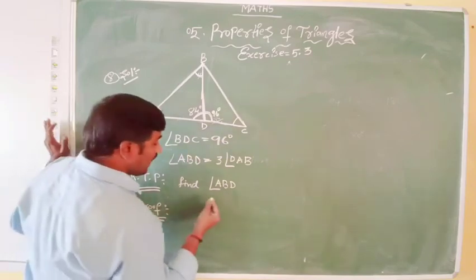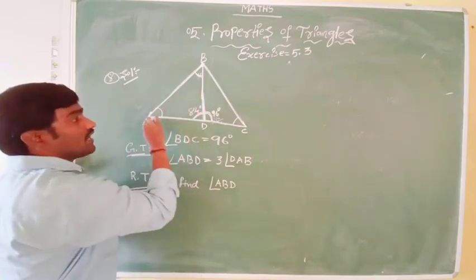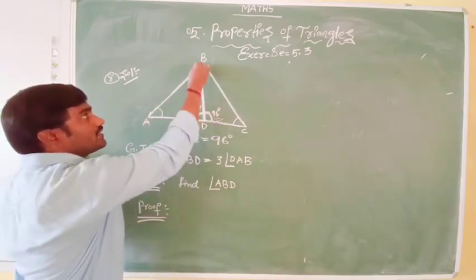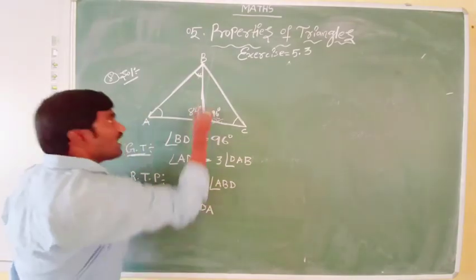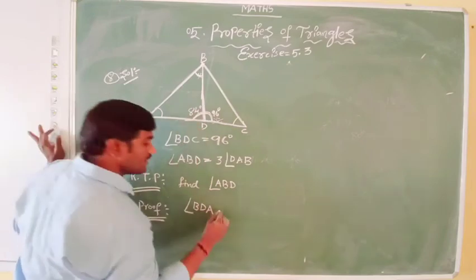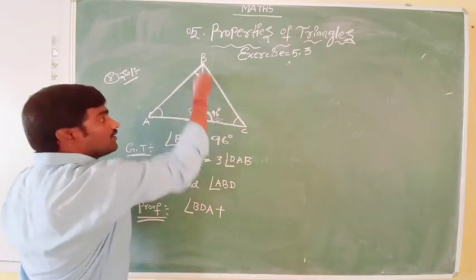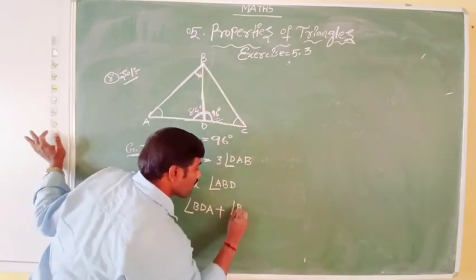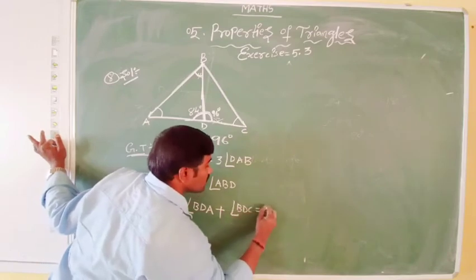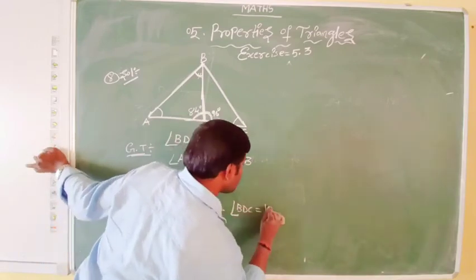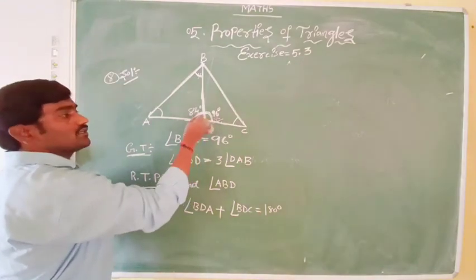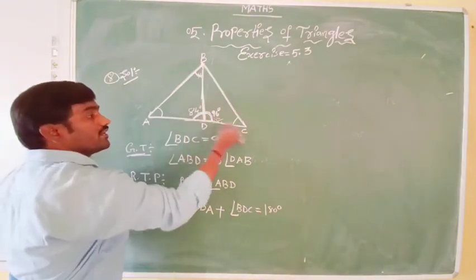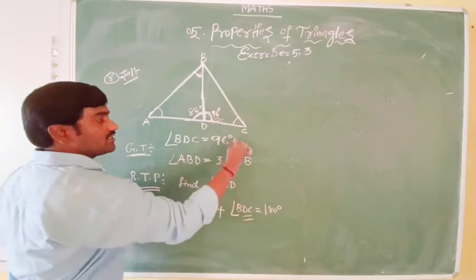So here I will write it this way. Angle BDA plus angle BDC equals 180 degrees. The sum of these two angles equals 180 degrees. Already angle BDC is given, that is 96 degrees.